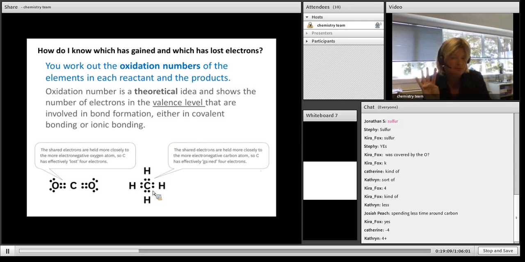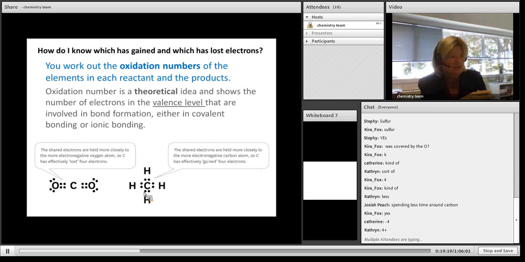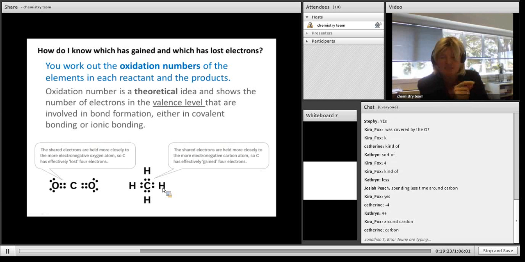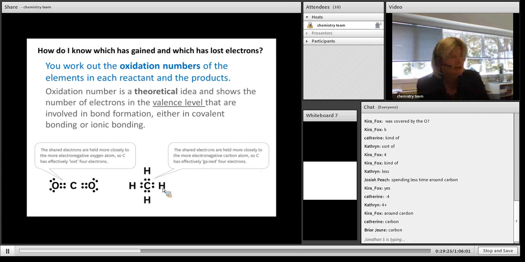Carbon has again got 4 valence electrons, and it shares an electron each with each hydrogen. In any case, carbon in general is always more electronegative than hydrogen. So where are those electrons going to be spending most of their time? The ones that come from hydrogen. Closer to hydrogen or closer to carbon?